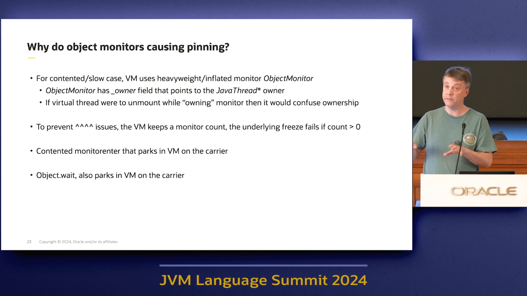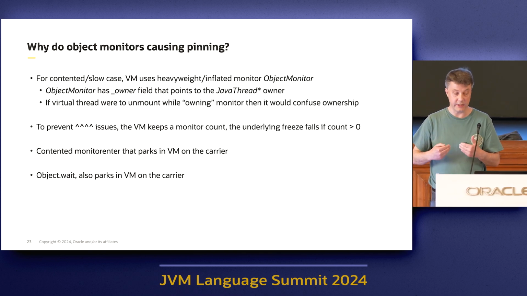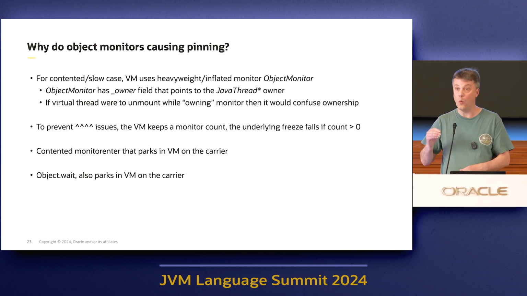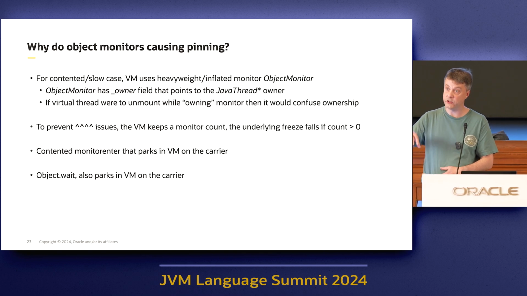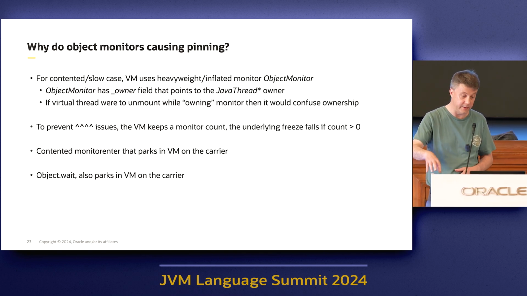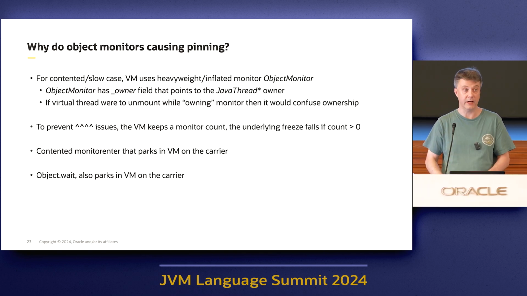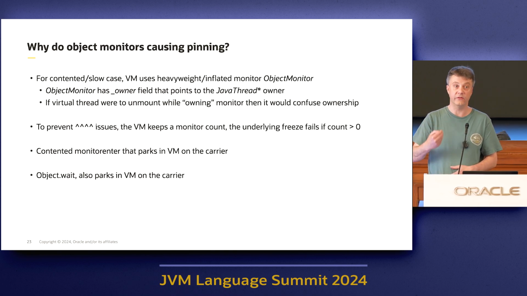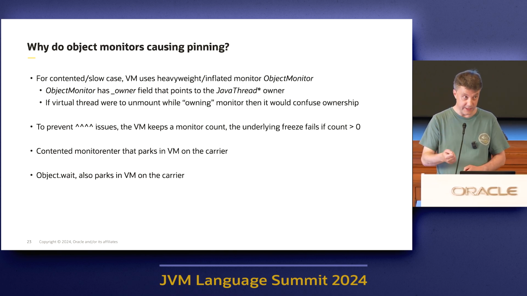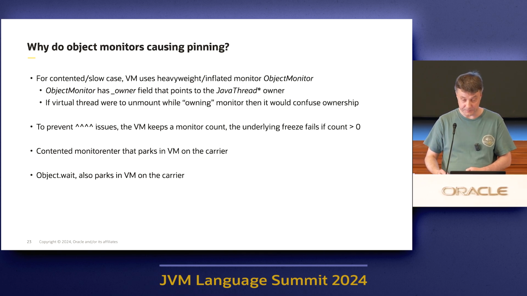This is a problem that has been known for quite some time, and all of these issues are why the implementation is currently forced to pin. The way it does that is by keeping a count of the number of monitors that are held, and it causes the freeze to fail if you're holding a monitor.